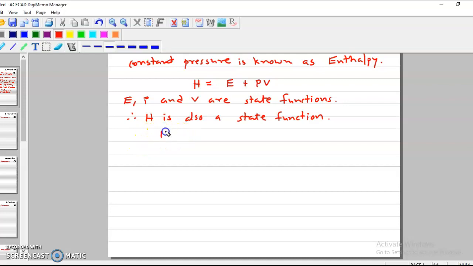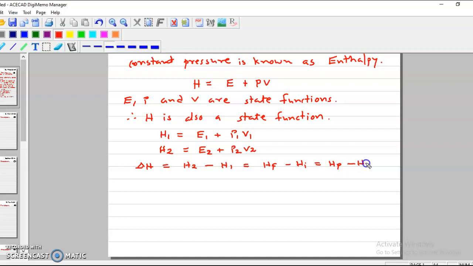Suppose in first condition we write H1 is equal to E1 plus P1 V1, and for second condition or second state we write H2 which is equal to E2 plus P2 V2, then delta H is equal to H2 minus H1, or we can write final minus initial, or sometimes we write HP minus HR, product minus reactant, considering reaction.